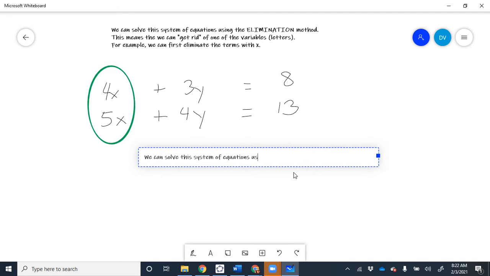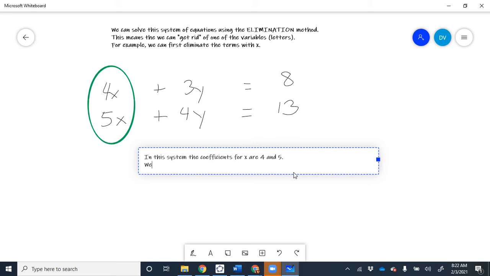In this problem, we call these coefficients in this system. The coefficients for x are 4 and 5.